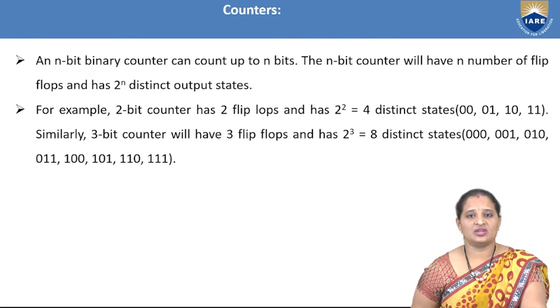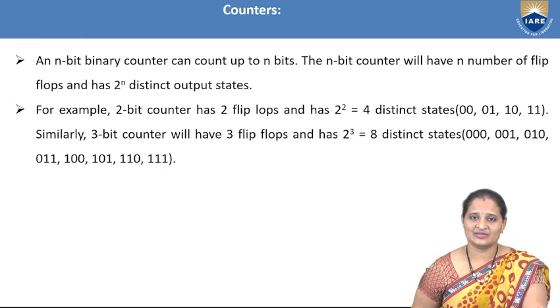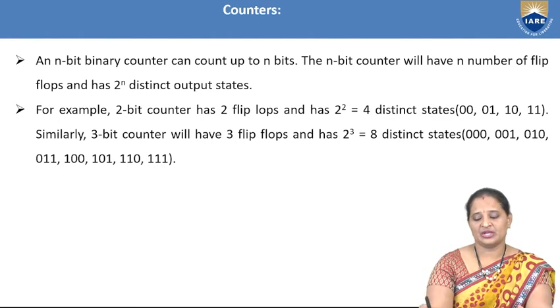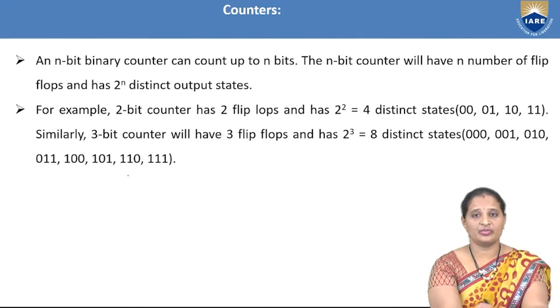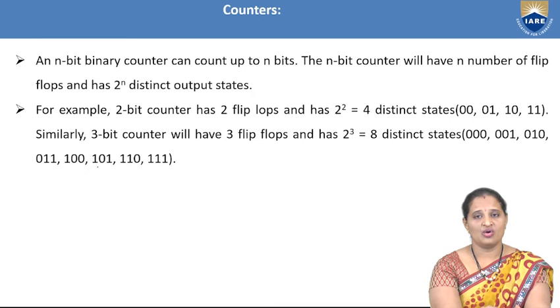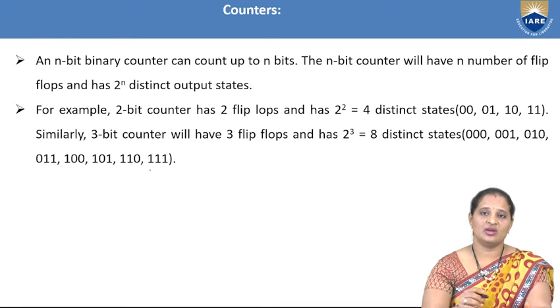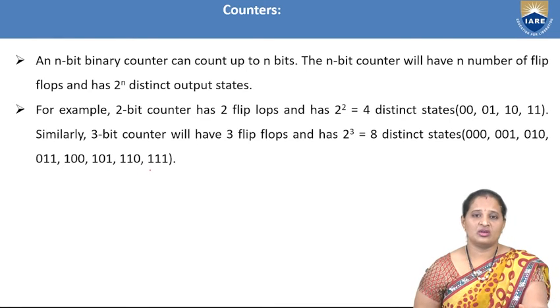Similarly, a 3-bit counter requires 3 flip-flops, and it can undergo 2 power 3, that is 8 states: 000, 001, 010, 011, 100, 101, 110, and 111.